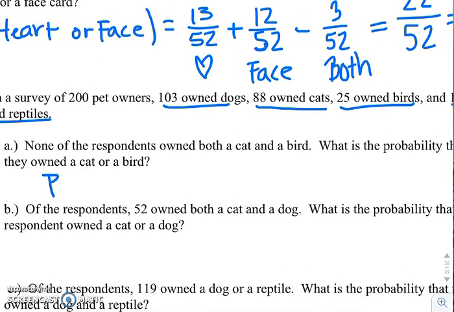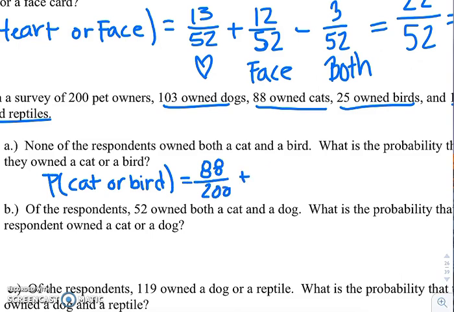So the probability of cat or bird is going to equal 88 cat owners out of the 200 plus 25 bird owners out of the 200. We don't just magically know if there's people that own both a cat and a bird.